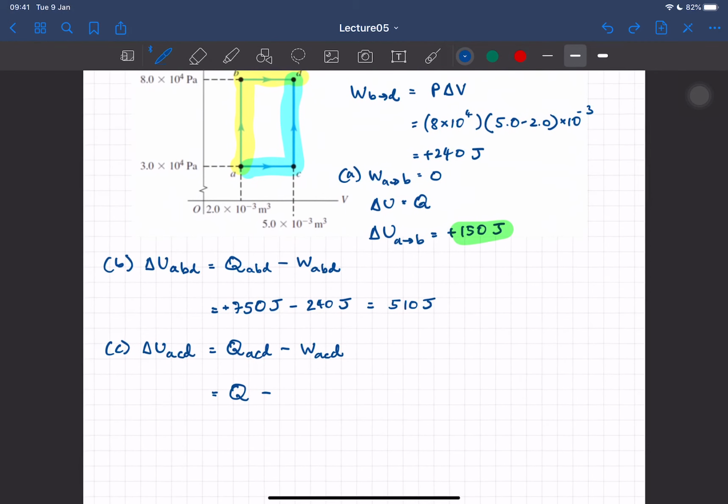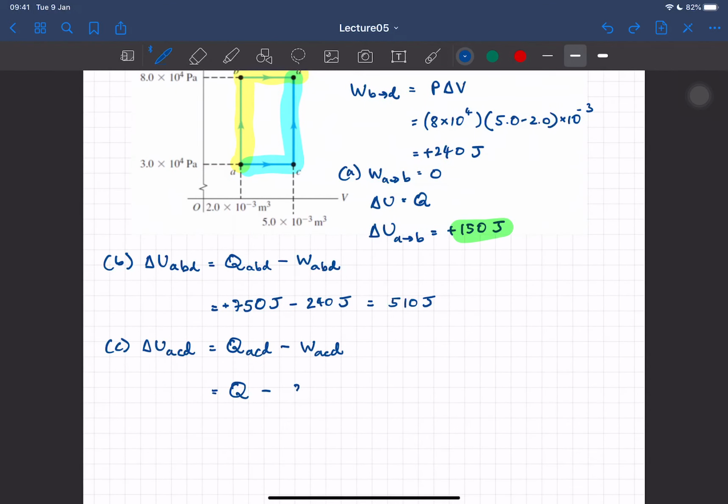That's going to be 3 times 10 to the 4 Pascal times the change in the volume, which is 5 minus 2 times 10 to the minus 3 cubic meter, right? So if we crunch the numbers, you get this part to be 90, right? So it's Q minus 90 joules.